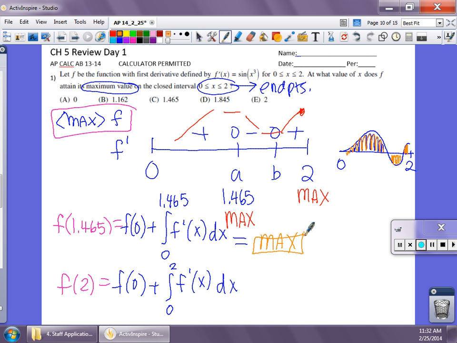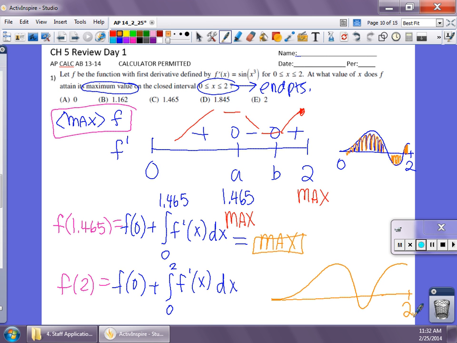If I gave you the function and changed the graph this way, and now that was 2, your answer would have been wrong. Okay? Your answer would have been incorrect because now at 2, the net signed area is bigger. I can't stress enough that when you use your integral, most of you don't use it properly.